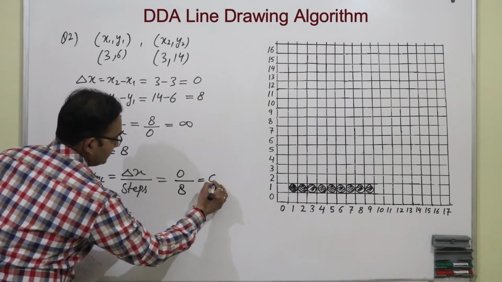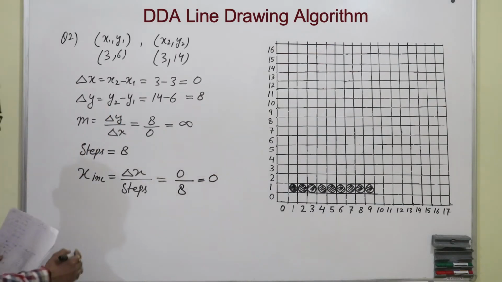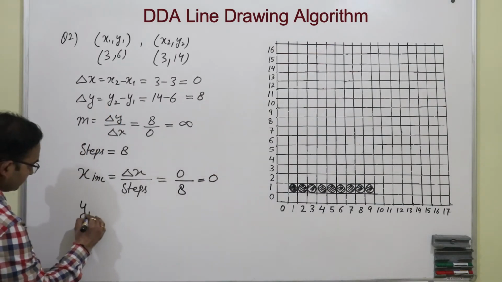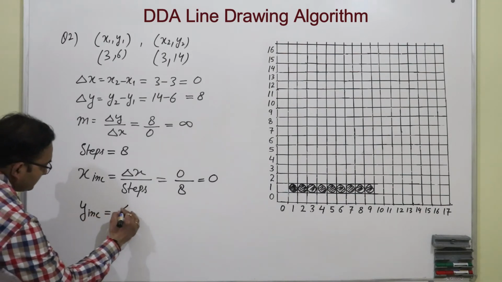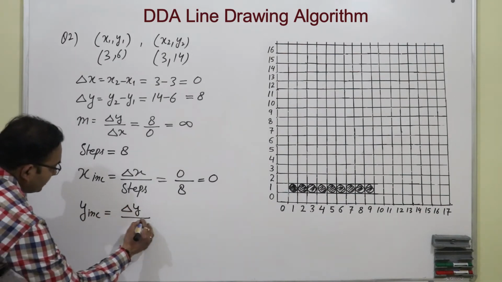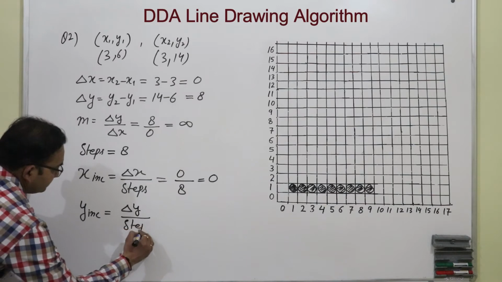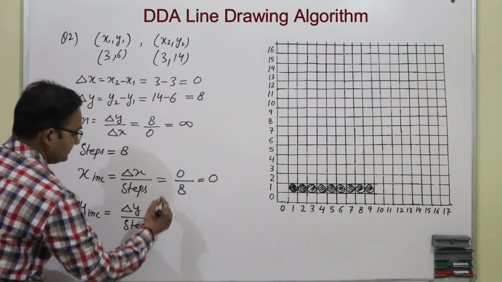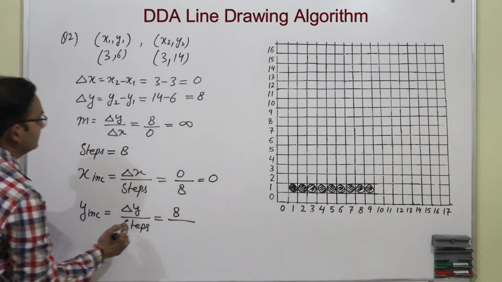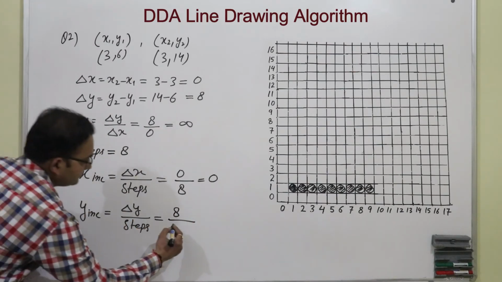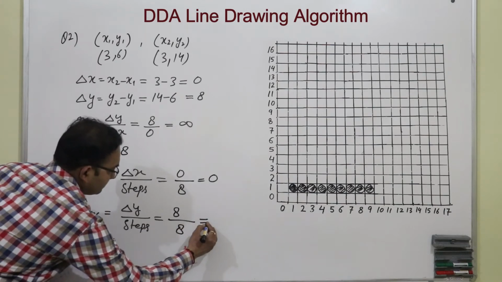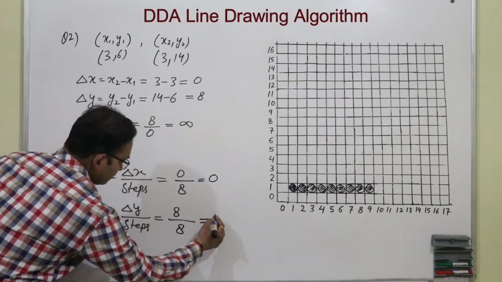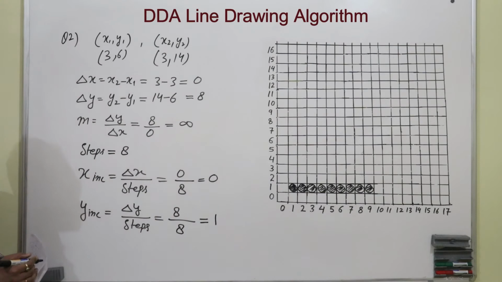So, it will be 0. Y increment, change in y upon steps, change in y is 8, steps 8. So, there will be increment of 1 in y. Now, we will draw a table.